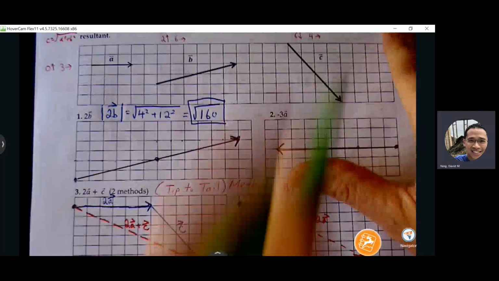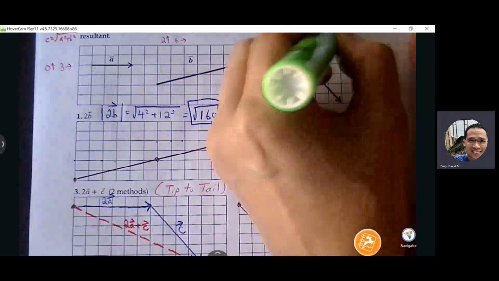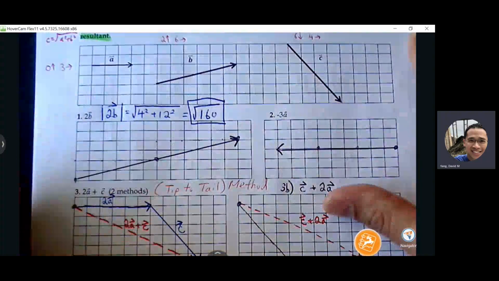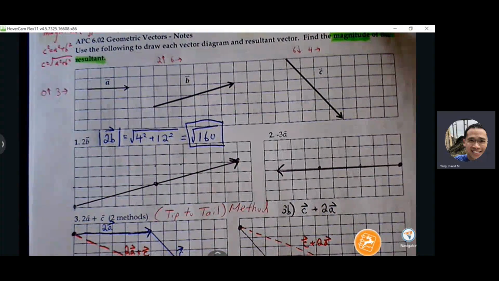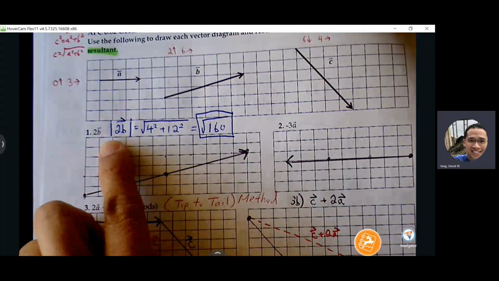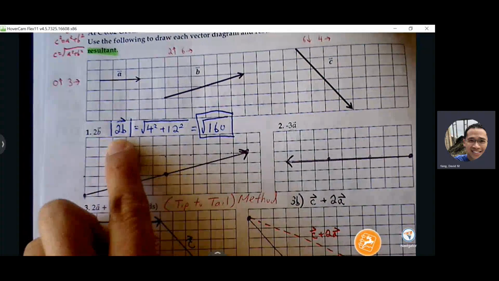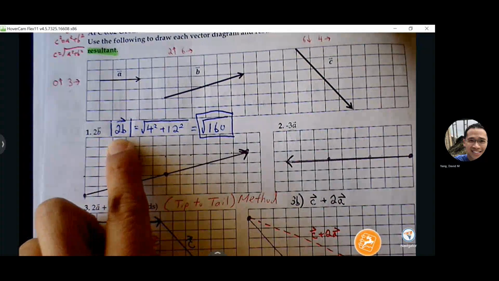Okay, so we're finding the magnitude of the resultant. Why are there two lines like that? It's a notation for vectors that indicates magnitude.